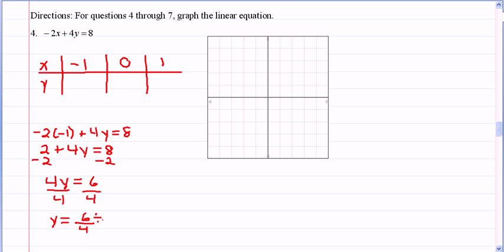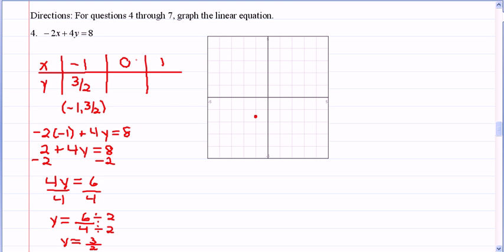If I divide both of these numbers by 2, my value of y reduces to 3 over 2, which is 1.5. So underneath negative 1, I'll write 3 over 2. And if I go to my graph, I have the point negative 1, 3 over 2. So I go left 1, down 1.5.